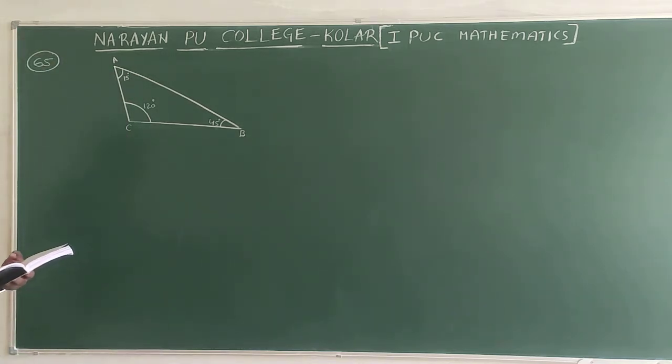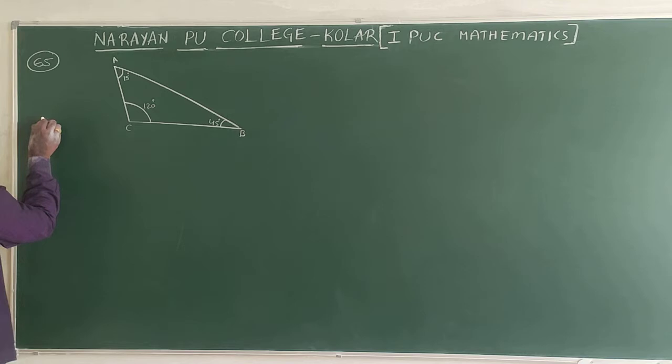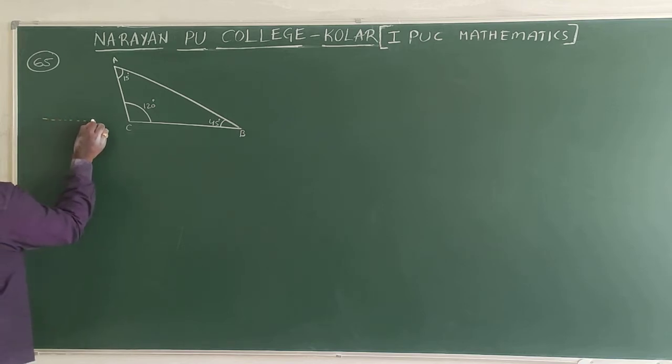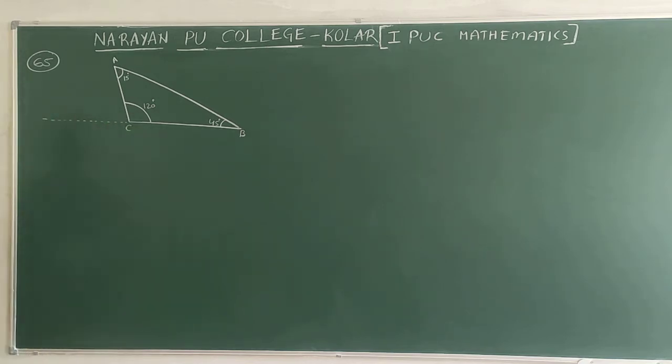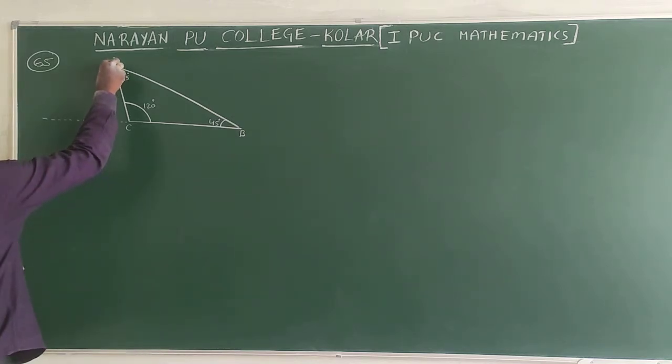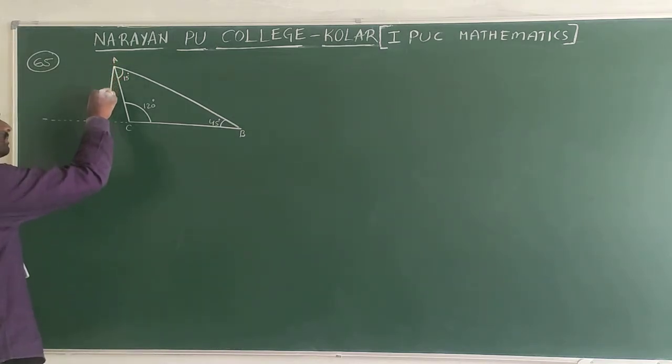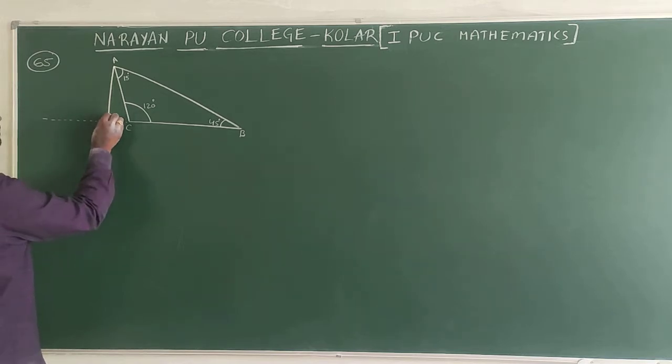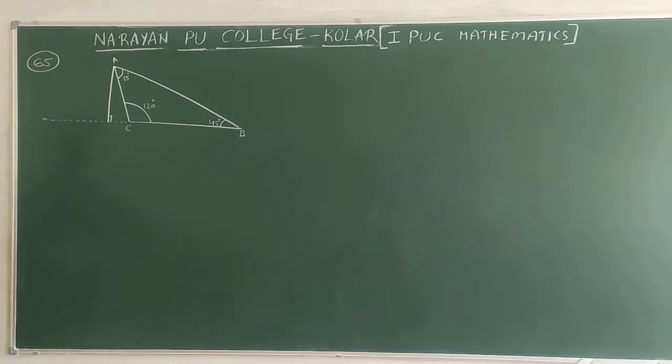Next. The length of the perpendicular from A on BC produced. I can extend this line BC. From A, you draw a perpendicular. Okay, now this is D. See, this is a straight angle.